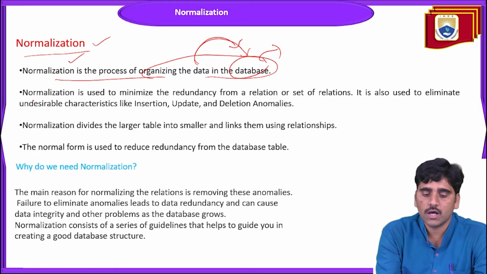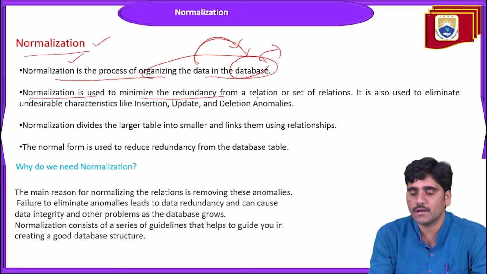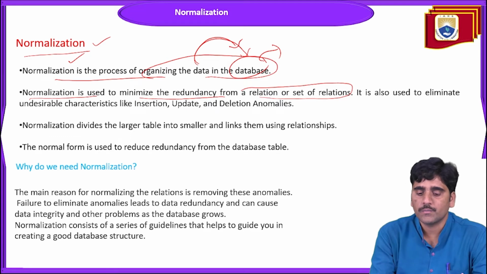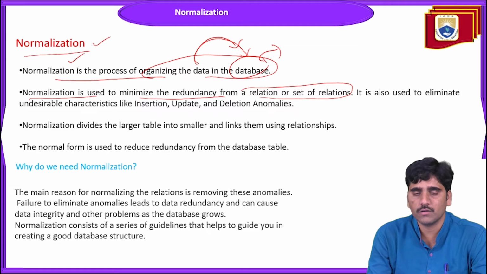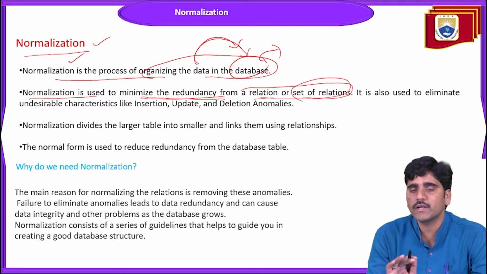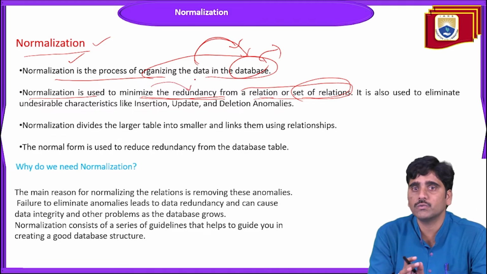Normalization is used to minimize the redundancy from a relation or set of relations, that means from a table or set of tables. Redundancy is nothing but duplication.